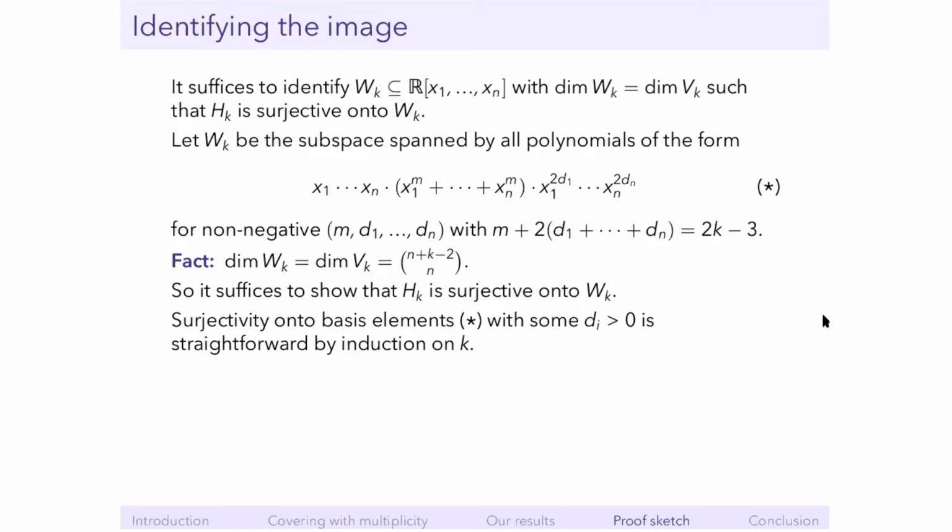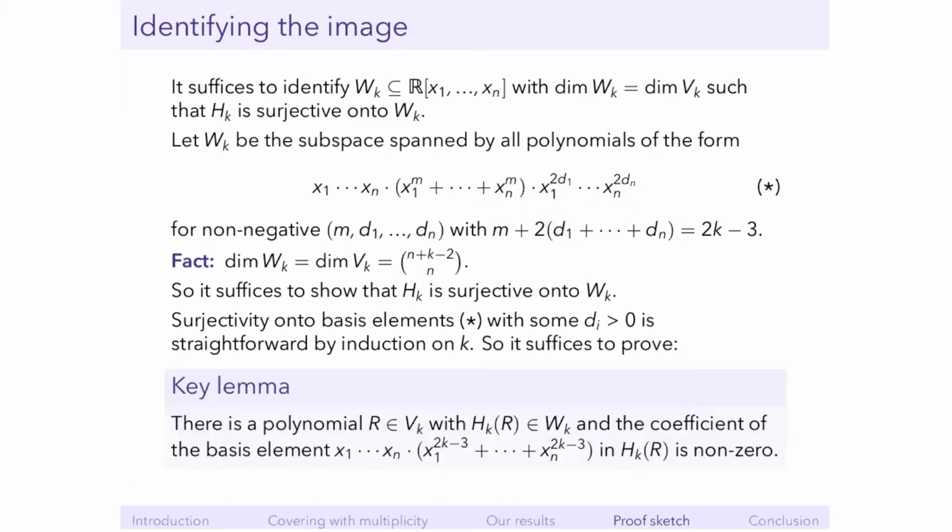So all that remains is to deal with the one remaining basis element where all of these d_i's are 0. And so the key lemma is this, that we get surjectivity onto this basis element, x_1 up to x_n times the sum of the (2k minus 3) power of all the variables. And so we need to prove surjectivity onto this.